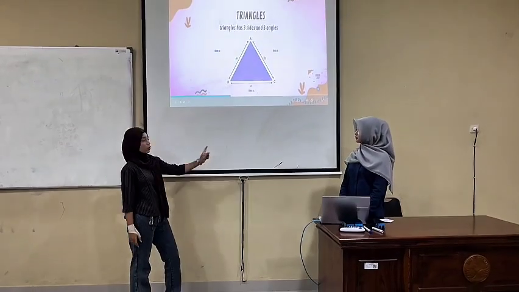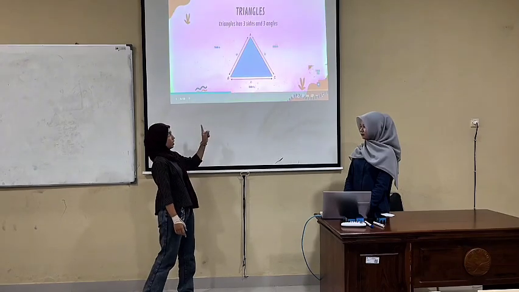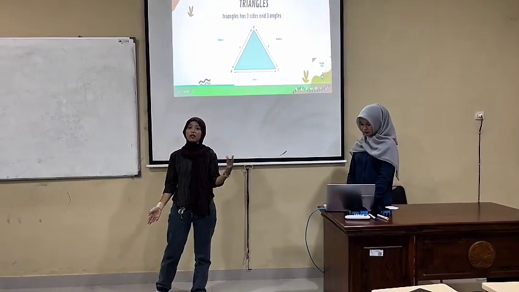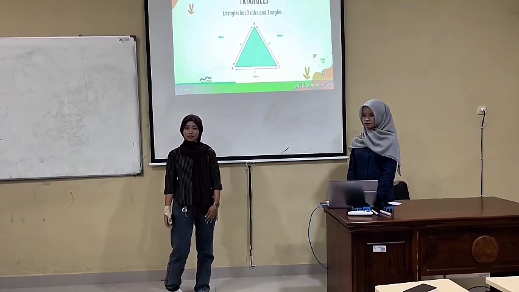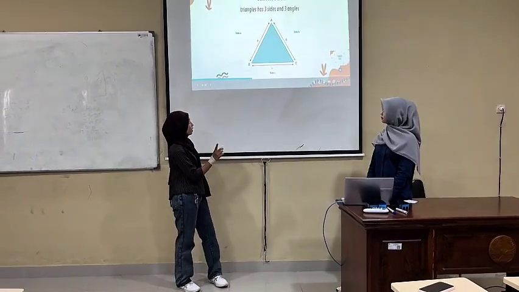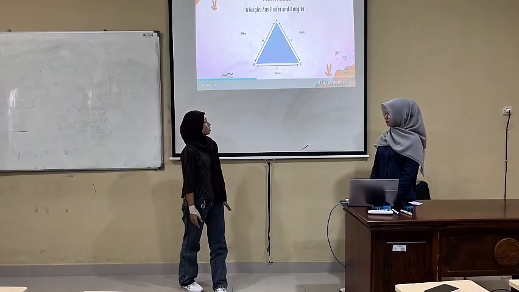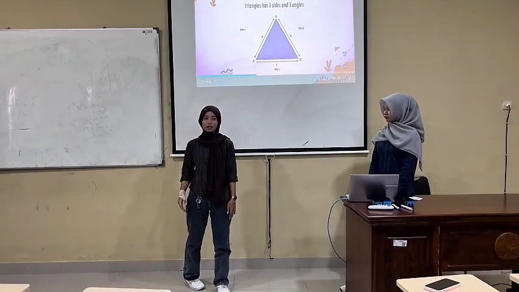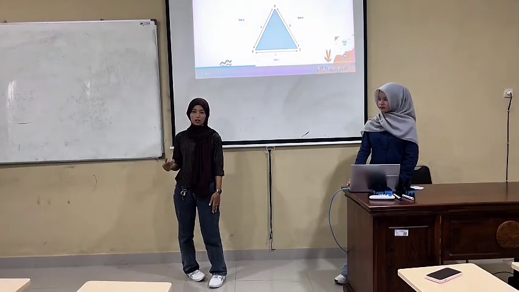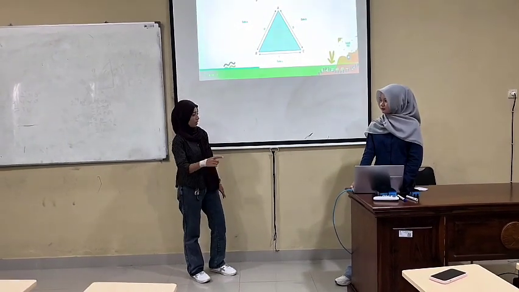Alright, continue to plane shape, which is the triangle. Who knows how many sides a triangle has? 3. Yes, correct. The triangle has 3 sides. So, if there are 3 sides, what shall we do? Add them. Yes, correct.